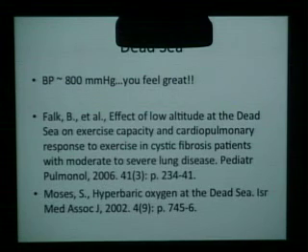When they do exercise testing on those patients, they perform beautifully because now they have oxygen. So all these beautiful things about the Dead Sea, how miraculously you get better and heal and your skin looks good, all the things they will tell you, have to do with oxygen, with barometric pressure that's higher than normal. So don't get fooled. I'm glad you didn't buy the water to begin with.